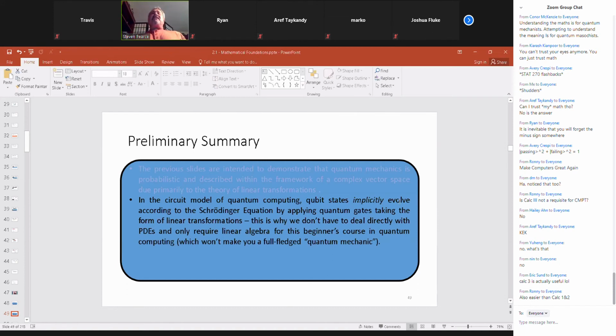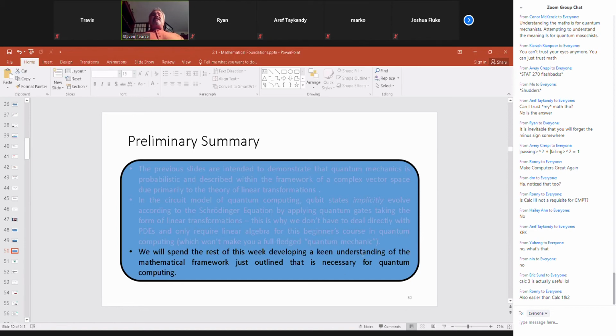Qubit states implicitly evolve according to the Schrödinger equation by applying quantum gates, taking the form of a linear transformation. So just like we use these logic gates, that's what we're trying to emulate here. And that's why we don't have to deal with partial differential equations like solving the Schrödinger equation, okay?